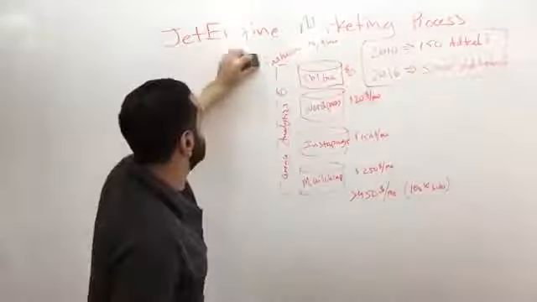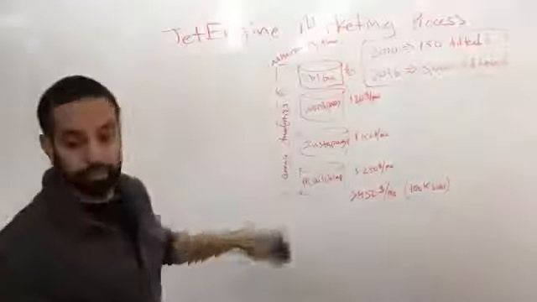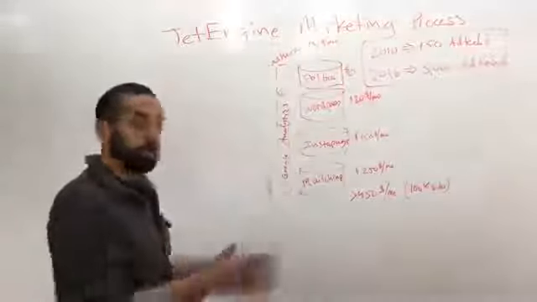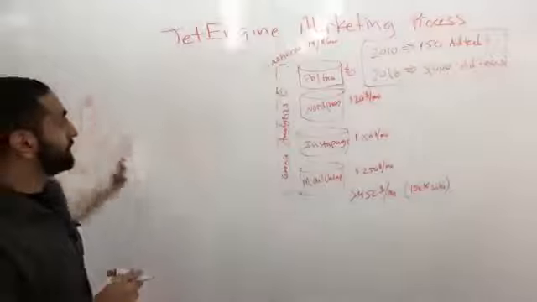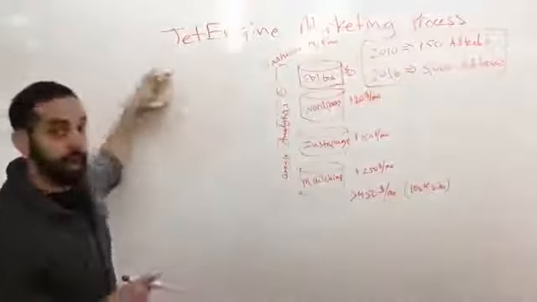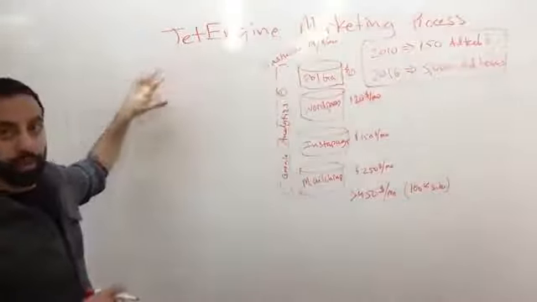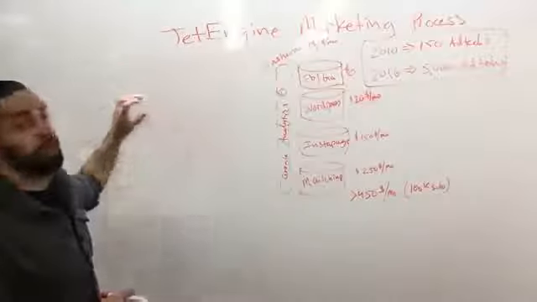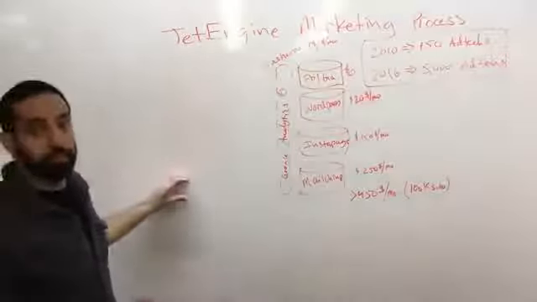Because this is an iterative process. You have to go step by step, one step at a time, build your ads, understand your ads, understand your content, understand your opt-in, and understand your emails.